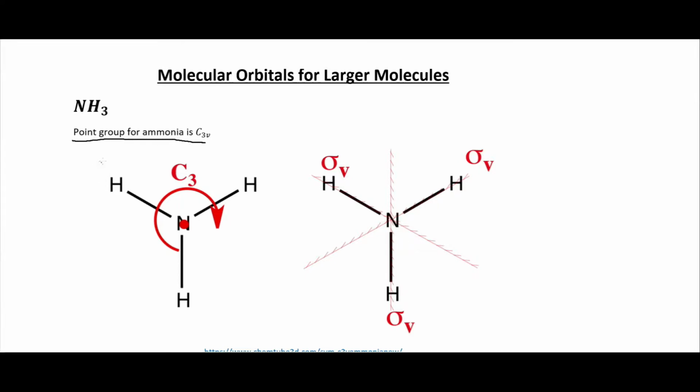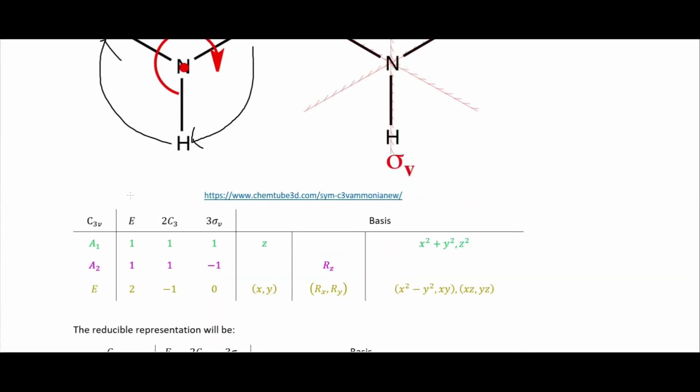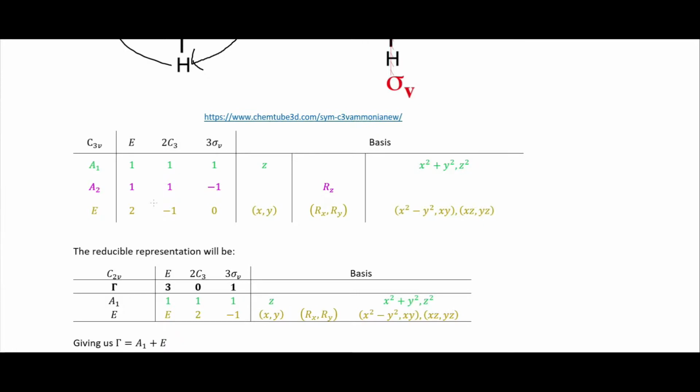And so we can see it has this C3 rotation here, and it has these three different reflection planes here. In C3, there's two of them because you have to do one and then two before you get back to the starting position. And so this is the C3V character table right here, and a reducible representation.